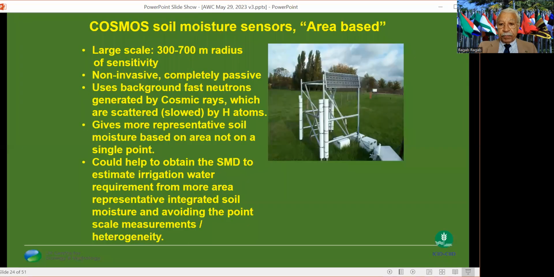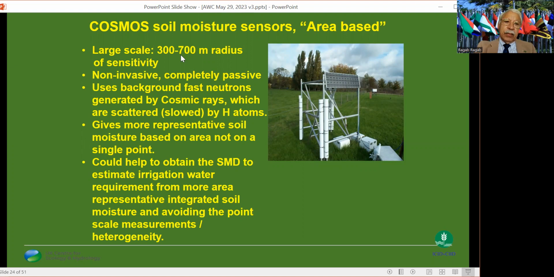So if we have tubes or sensors that can detect how many of those neutrons slowed down, we can get an idea about how much water and how much hydrogen exists in the soil moisture. So the idea of the cosmic rays was translated into a device, and now this device is this sort of sensor.